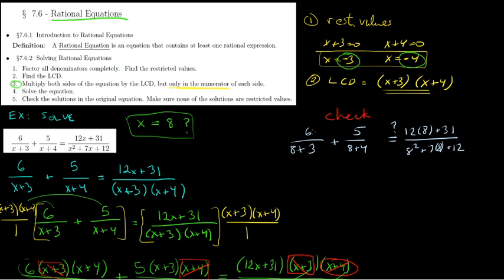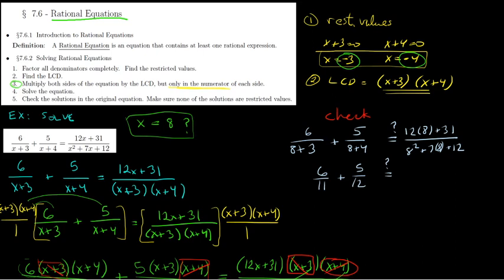Now, this one's not going to be pleasant. We have 6 over 11 plus 5 over 12. Does that equal, calculator time, 12 times 8 is 96. Yep.